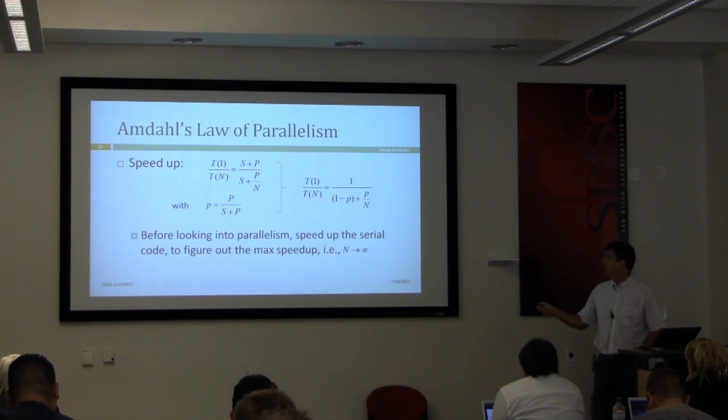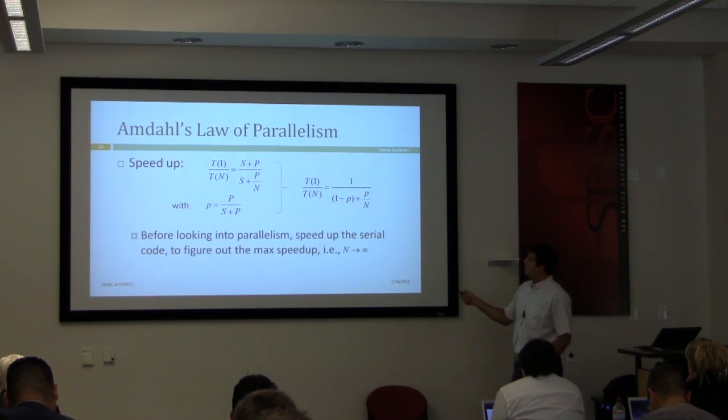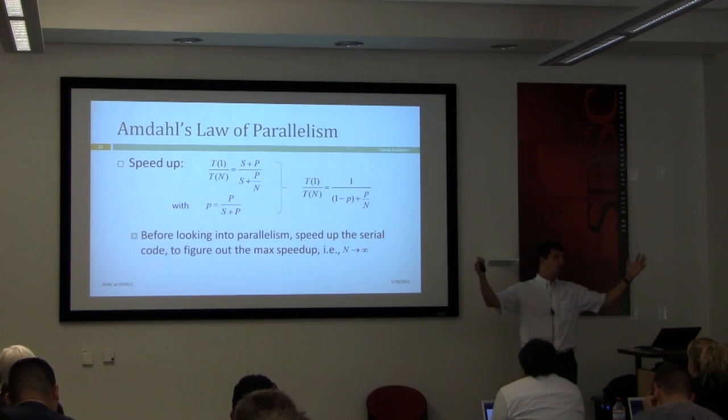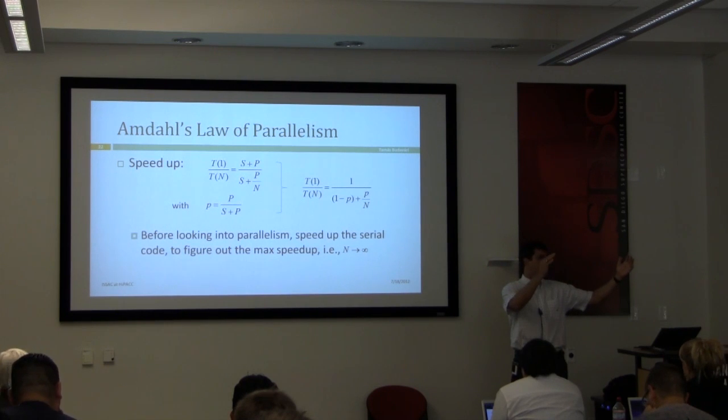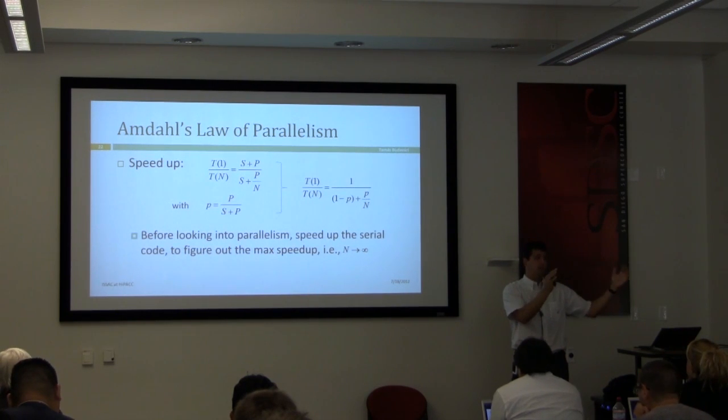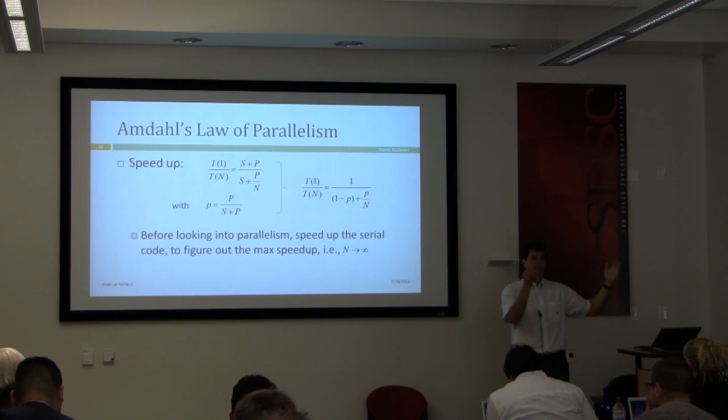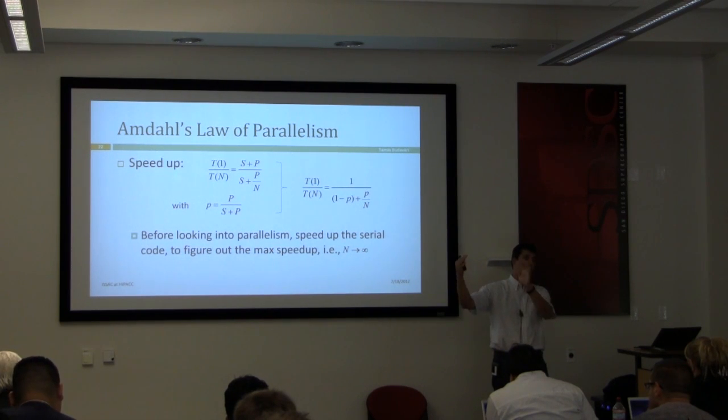Here I have a piece of code that is partitioned into two parts. The part that you can execute only in serial, sequentially. You always have things like reading a file perhaps. That is just sequential execution. Then there's the part that you can parallelize, like a for loop, if there's independence.